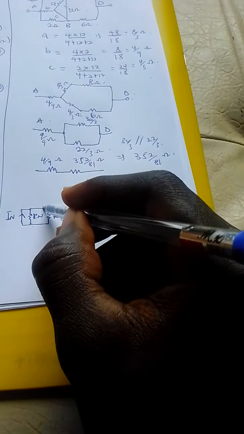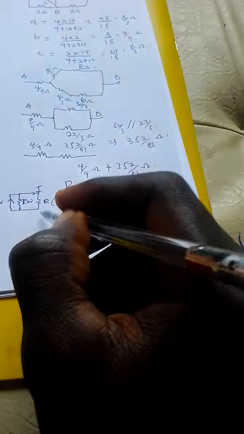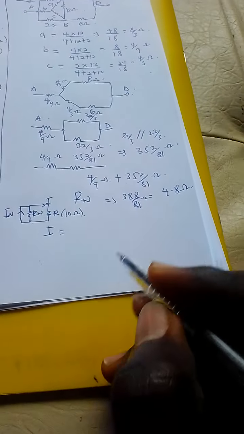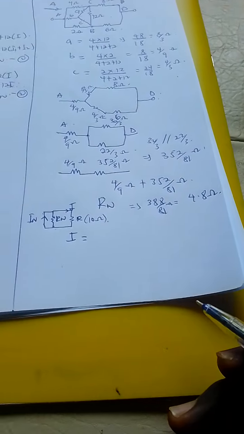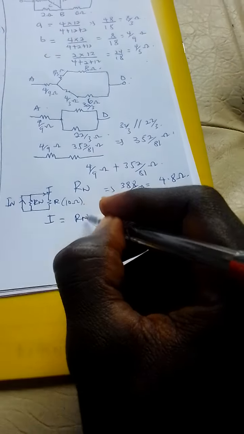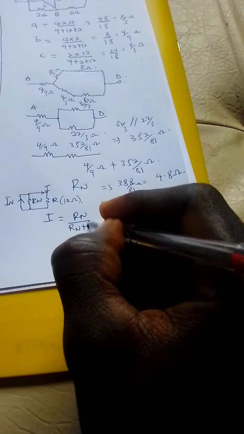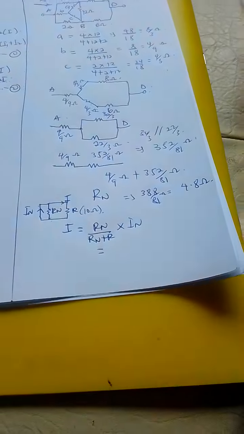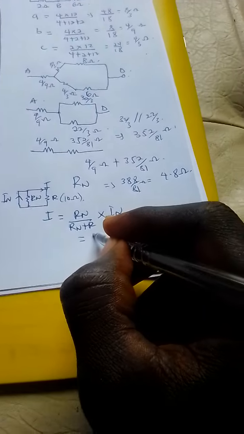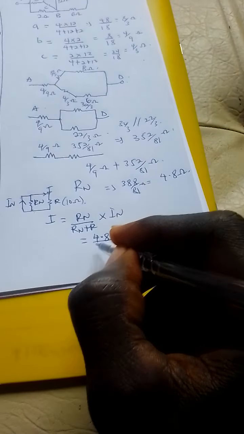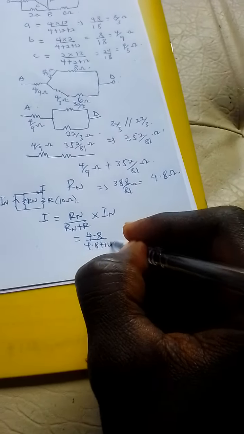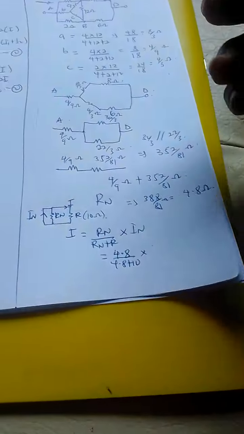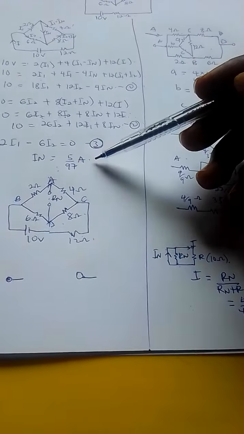So we need this current I passing through the 10. So our current I will simply be equal to the Rn, using the current division rule, over Rn plus R, multiplied by the In, and this is simply equal to 4.8 over 4.8 plus 10 multiplied by our In, which we had as 5 over 97 here.